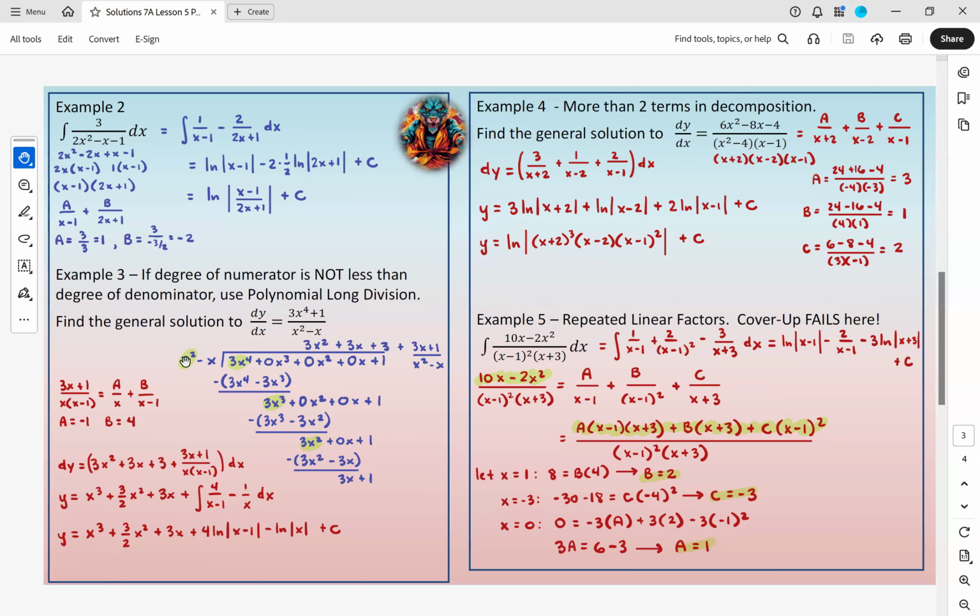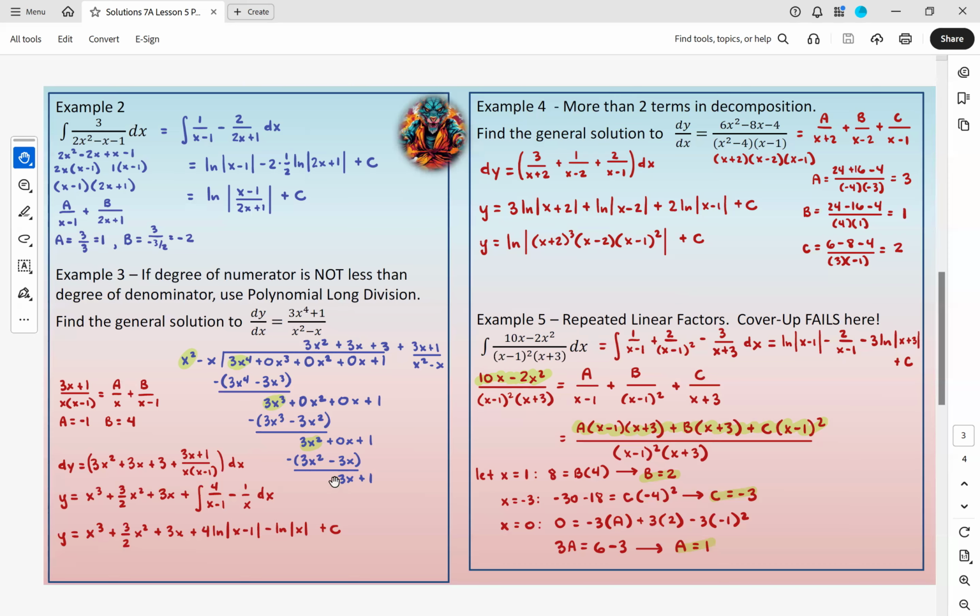Multiply that 3x back to the outside, gets me these products here. I subtract, bring down the unused terms. You do go through one more time, where now we do have the 3x squared remainder divided by x squared gets us a 3, which I then multiply to the outside.